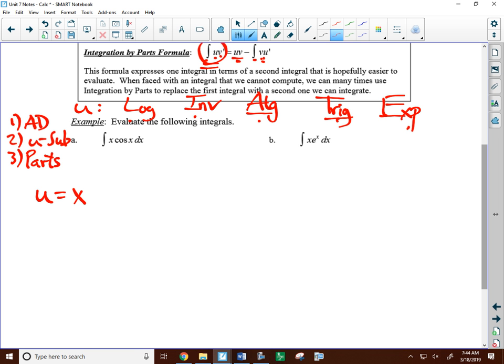Now for u substitution, I said you could never let u be x, but for this you can. So here's what you do. You let u be x, or whatever you choose u to be, and you let v prime be everything else. So everything else up here, cosine x dx.